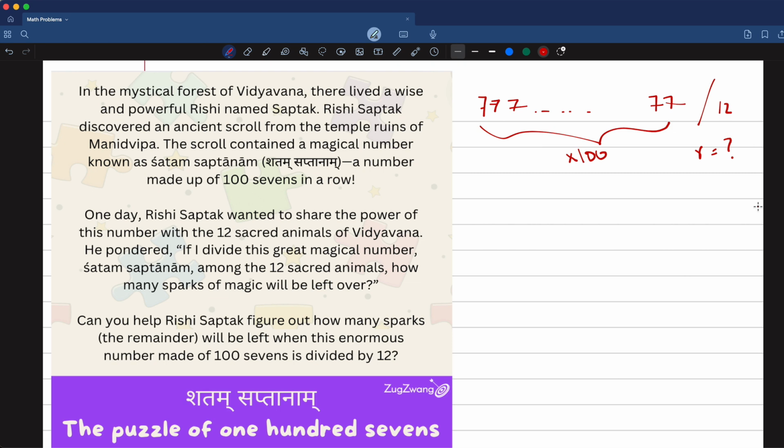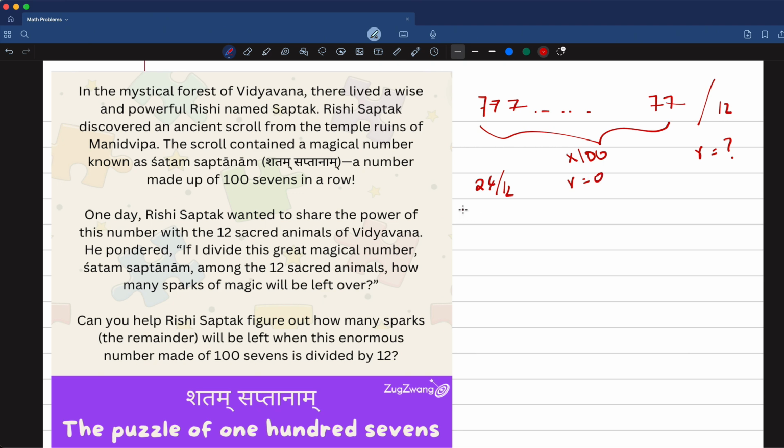Perfect. Now, in order to find out what this remainder is going to be, let's understand how remainders work in general. If I have the number 12 and I take another number, let's say 24, and I divide it by 12, then the remainder is 0.